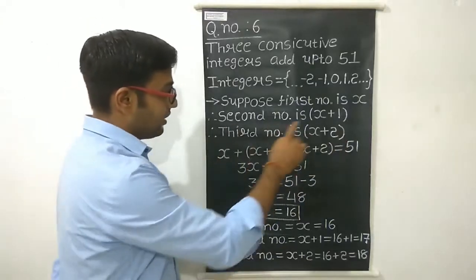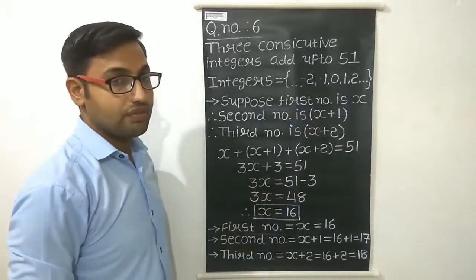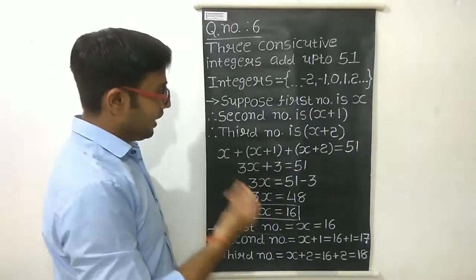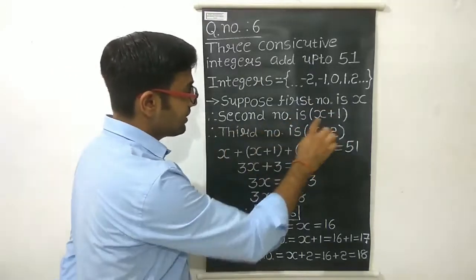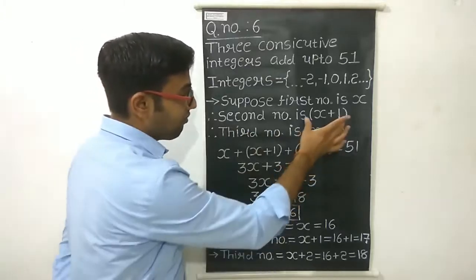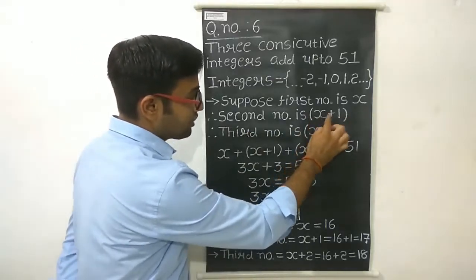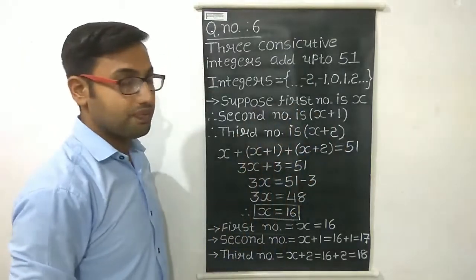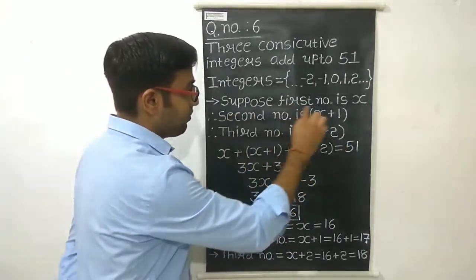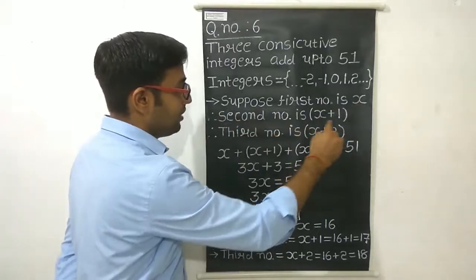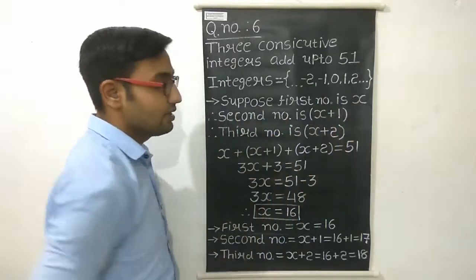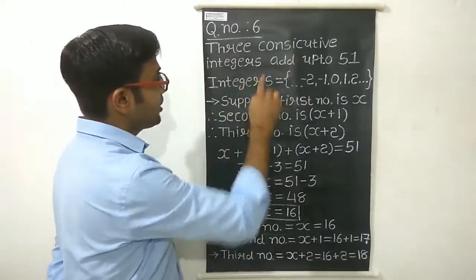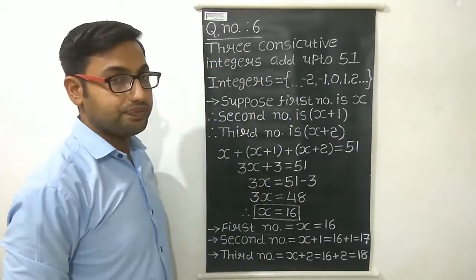In the same way, to get the third number, we add 1 to the second number. By adding 1, we get x plus 1 plus 1, that means x plus 2. So our first number is x, second number is x plus 1 and third number is x plus 2. These are our three consecutive integers.